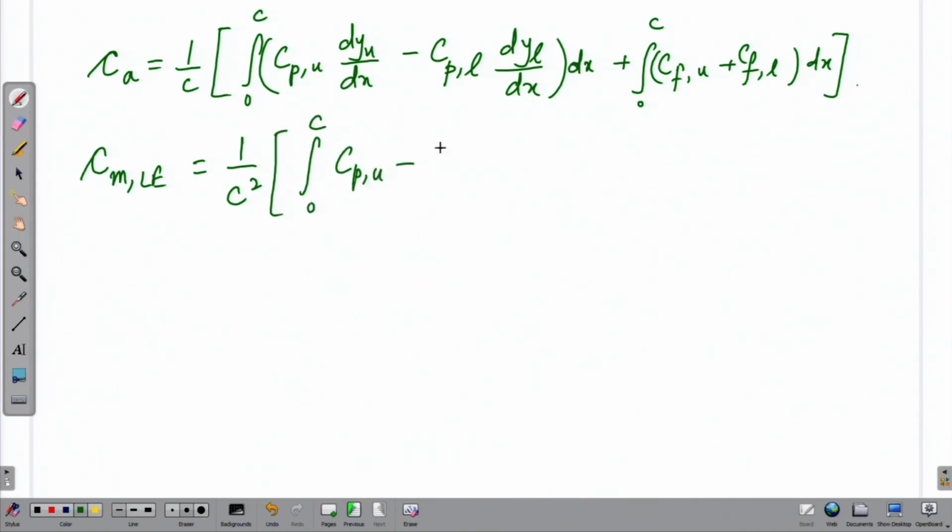As we recall, there is a 1 by c square for moment, an additional c to maintain non-dimensionalized values.